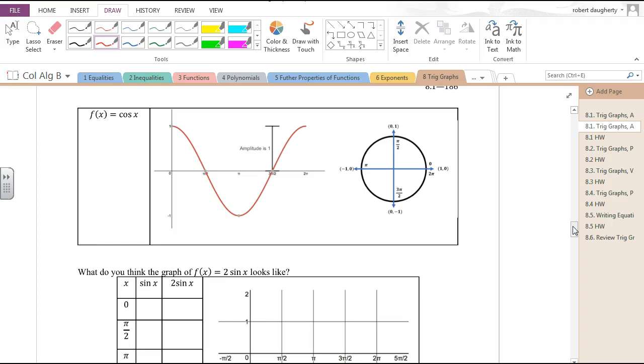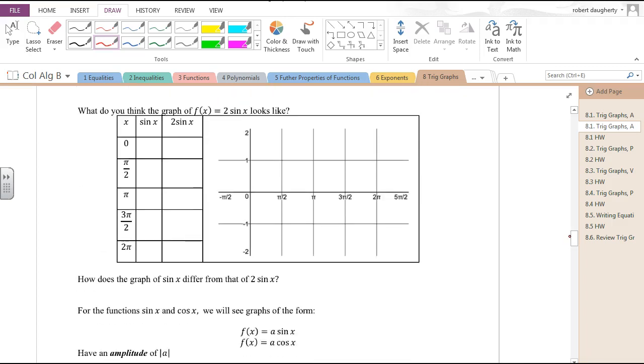Now, what do you think this graph is going to look like? 2 sine x. Let's graph the points again. So at 0, what's the y coordinate? 0. Pi over 2, 1. Pi, 0. 3/2 pi, -1. 2 pi, 0.